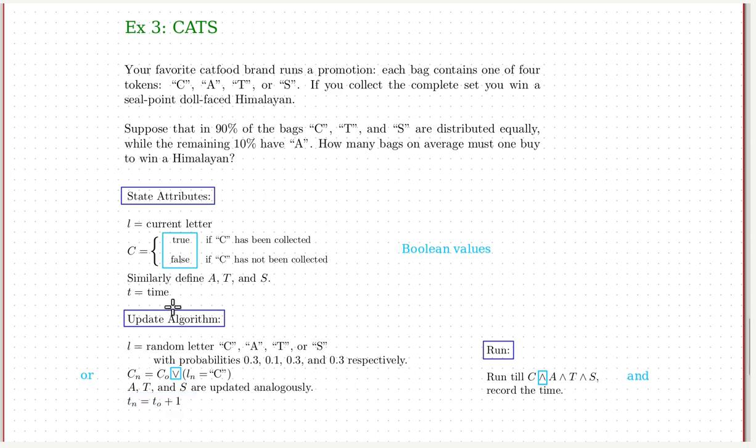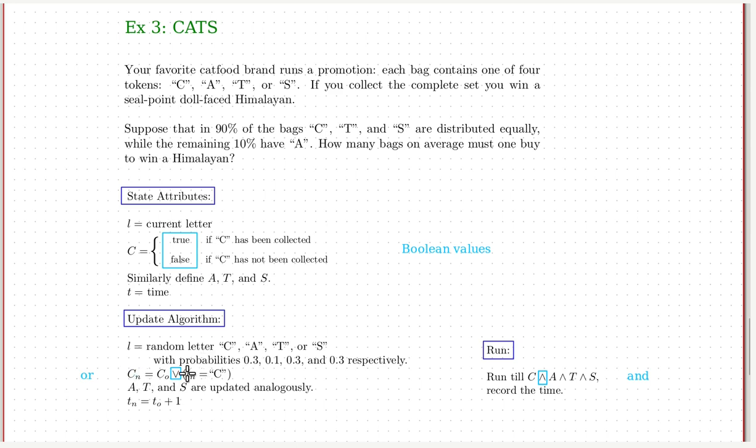Now, how do we update these Boolean variables, right? So C is true or false depending on whether the letter C has been collected already or not. So the new value of C will be equal to, well, let's see. We could start off with the old value of C, C sub o, because if that's true, that means we've already collected C, the letter C, in the past. And that means we don't have to worry about collecting it in the future, and therefore the new value of C, C sub n, should still be true.